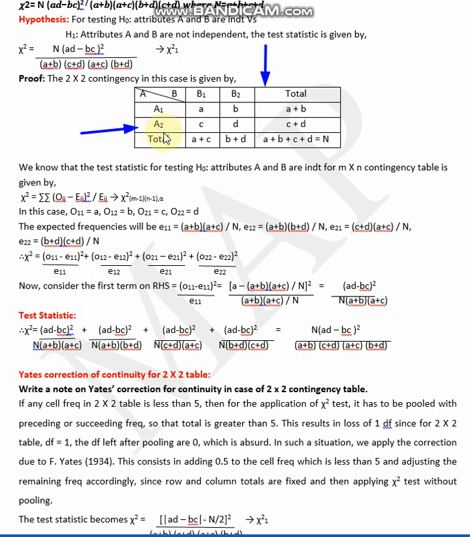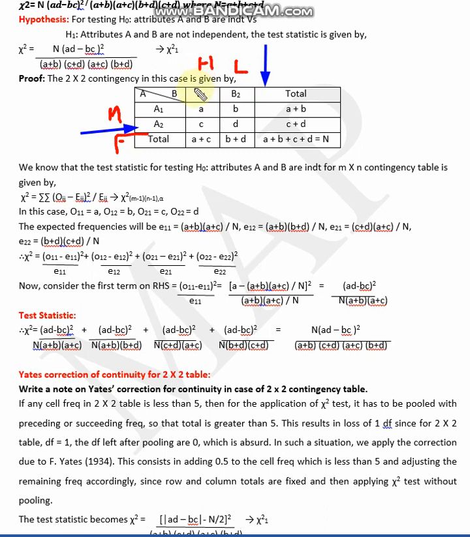For example, sex is divided into male and female. So we will take A as male, whereas B as female. And empathy is divided into high and low, so B1 is my high and B2 is my low.